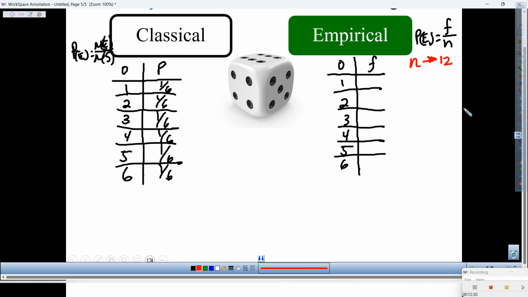What does n of 12 mean? All right. What does n of 12 mean, Mel? Yeah, the total number of rows. Total number of rows. Only 12.